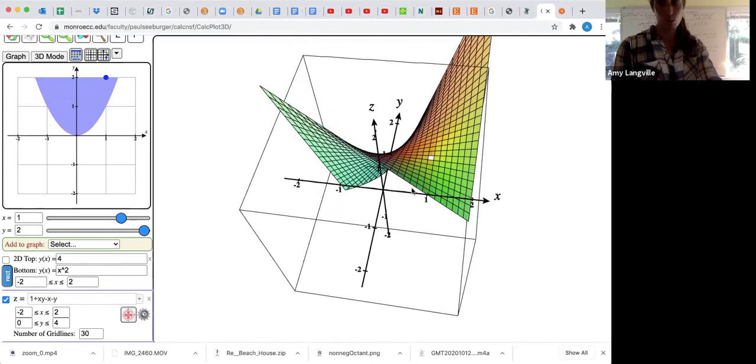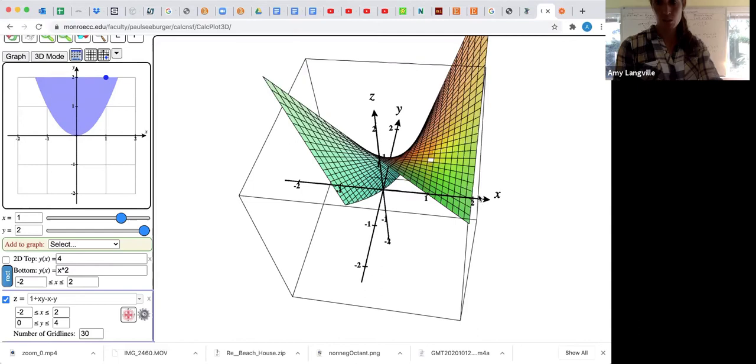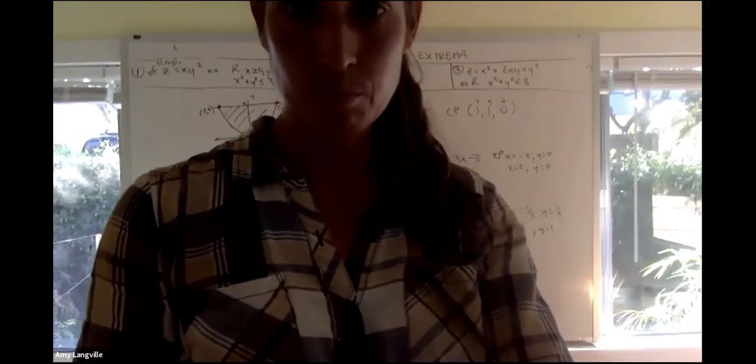This is not the actual truncated surface, but it does show that at X equals 2, Y equals 4, we are way up here at a much higher point than the one over here at X equals 1/3, Y equals -1/9. So we do see what we expect, what the calculus shows us, and we just got a little deceived. I got stopped for a moment by the limitations of CalPlot 3D.